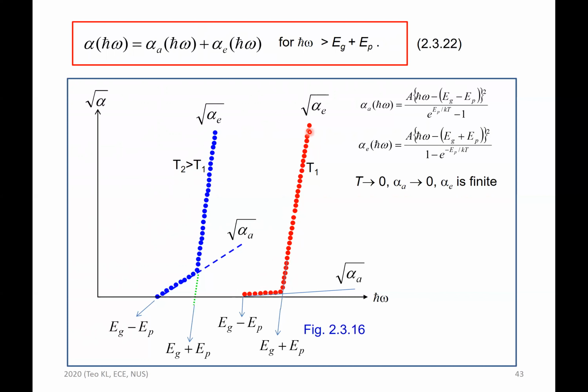And in principle, you can take these two curves due to the absorption of phonon and due to the emission of phonon. So this part, you can see that the curve has a kink and then it rises sharply, steeply. This part is due to the absorption of phonon for the absorption coefficient, and this part is due to the emission of phonon for the absorption curve.